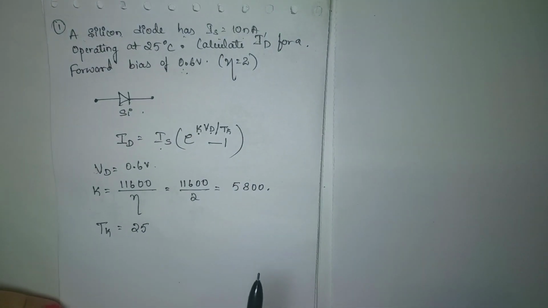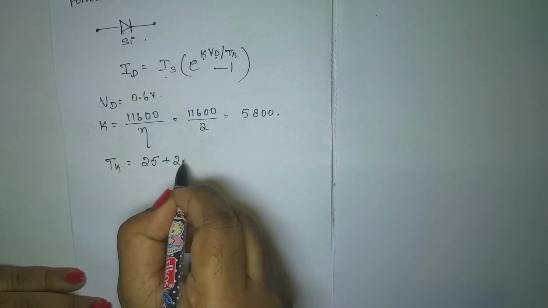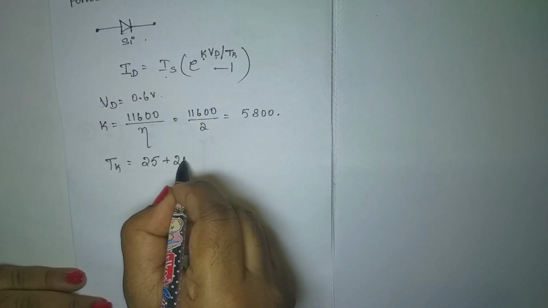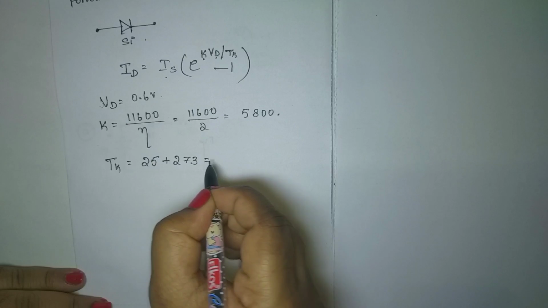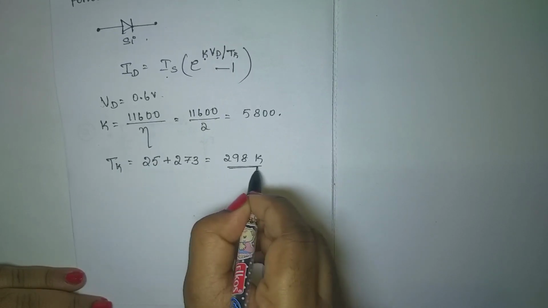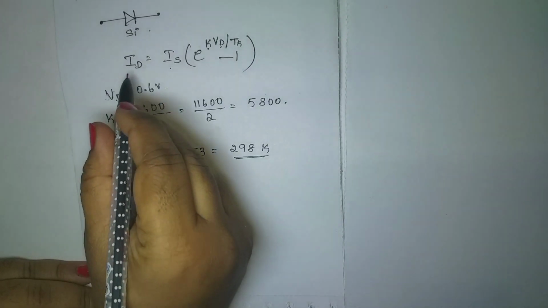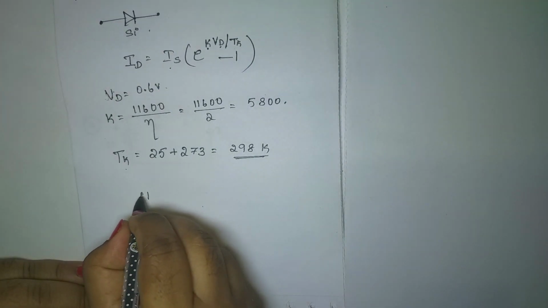I need to convert that to Kelvin: 25 plus 273, which is 298 Kelvin. Now I can substitute all these values in the diode current expression.